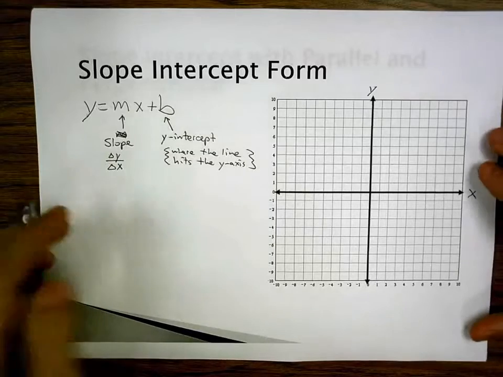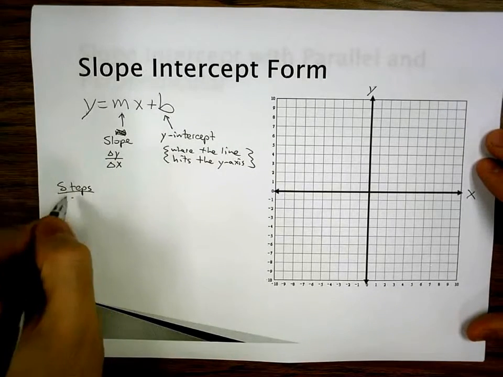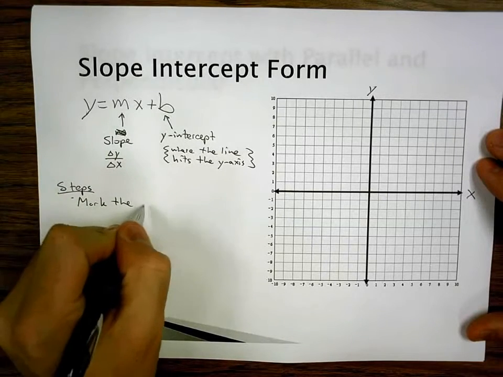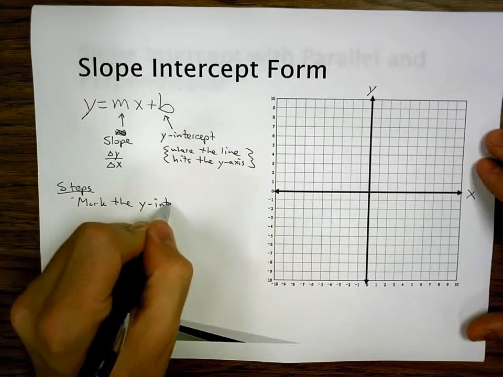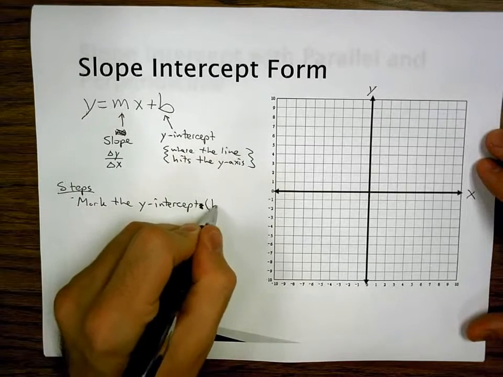So, our steps for graphing with slope-intercept. First off, we mark the y-intercept, which is b.